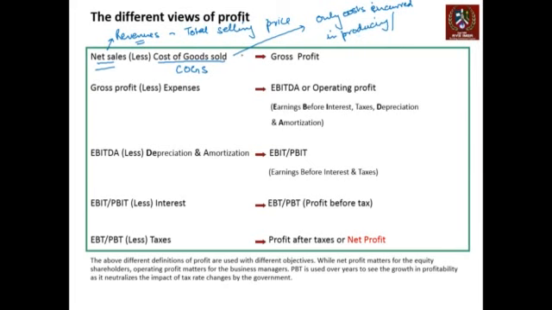This might include raw material cost, some component of salary cost, some component of electricity, etc. And all that combined will essentially give you the total cost of goods sold. Once you subtract this, you get what is known as the gross profit. That's the gross profit of the organization. If I'm selling a digital marker and the cost that has gone in terms of producing that digital marker, the difference is known as the gross profit.